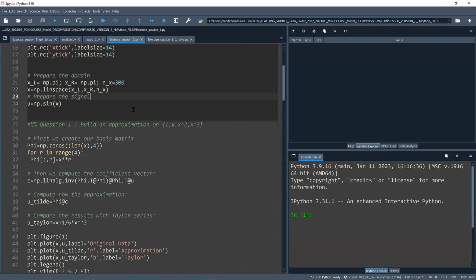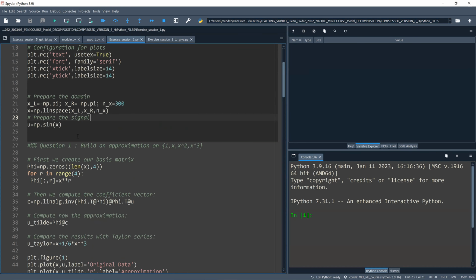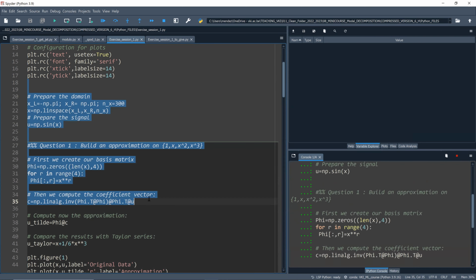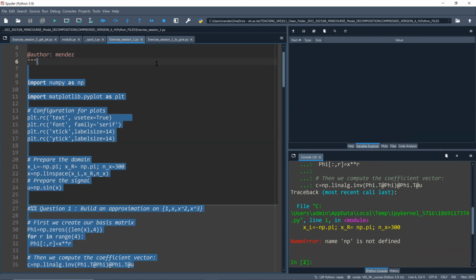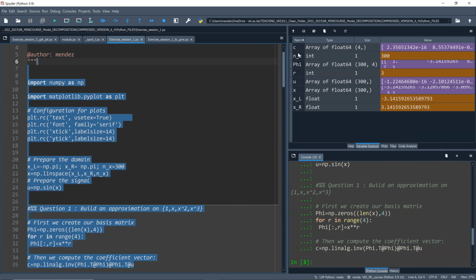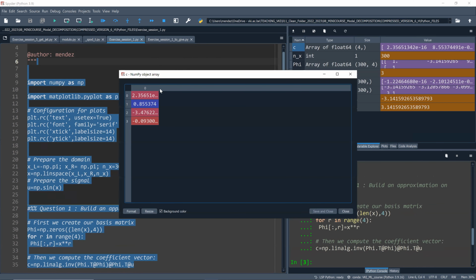So let me check myself. So we were here. Here I was building the matrix, and then I compute this. I have these results.